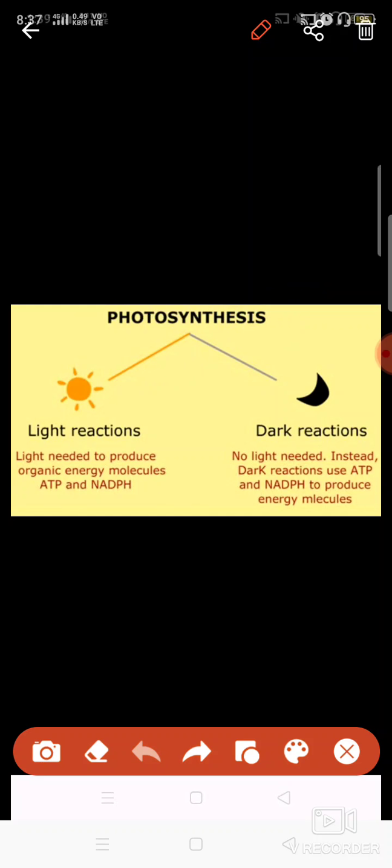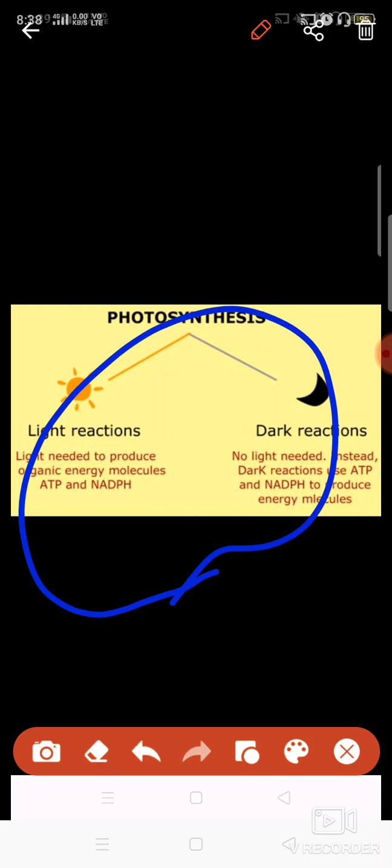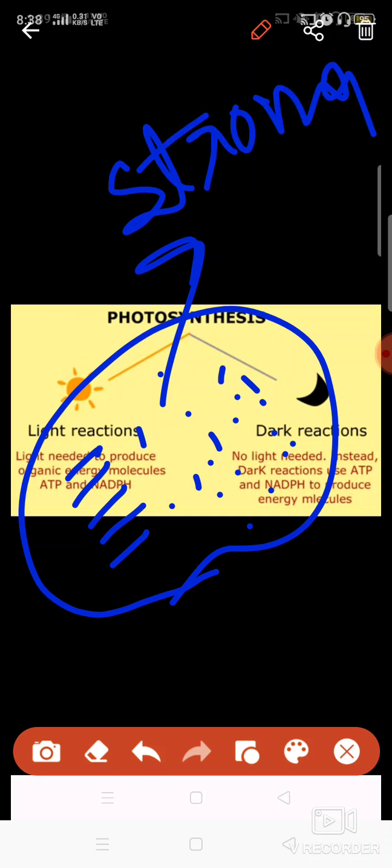Both the reactions occur in the chloroplast, but light reactions occur in the thylakoid membranes, while the dark reaction occurs in the stroma. Stroma is basically the fluid present in the chloroplast.